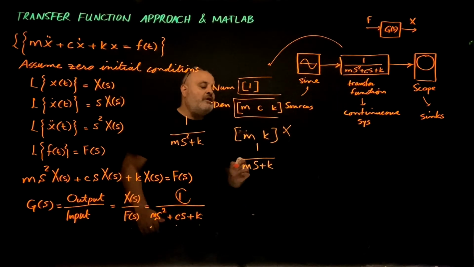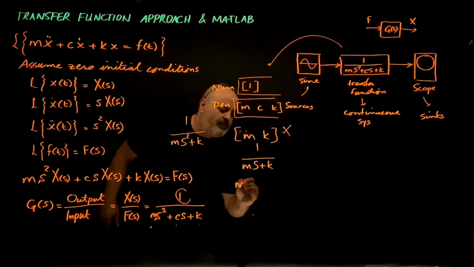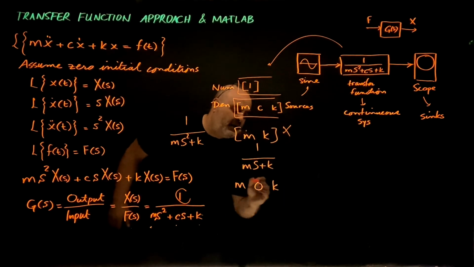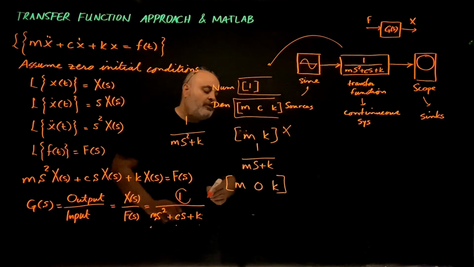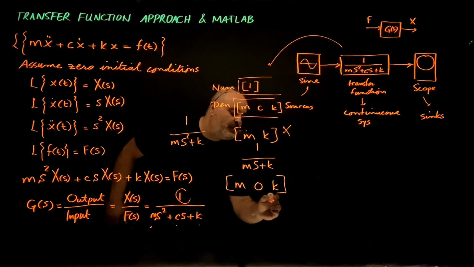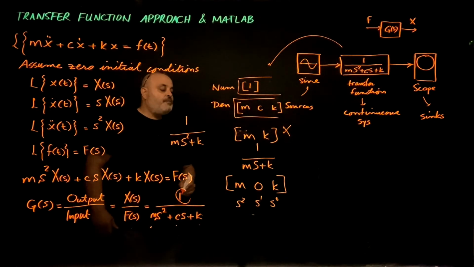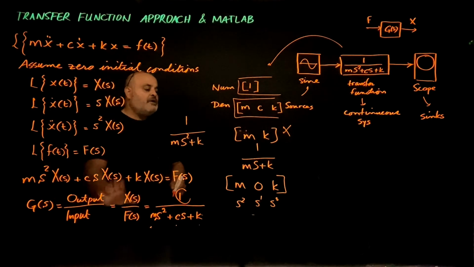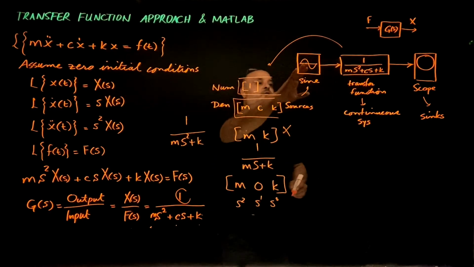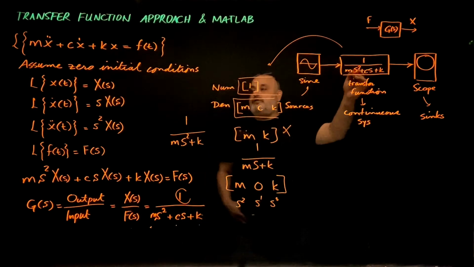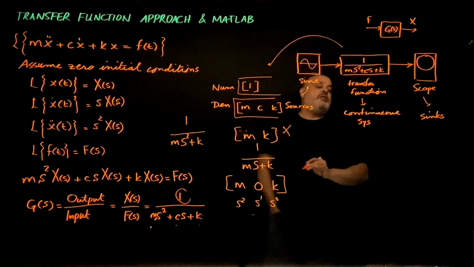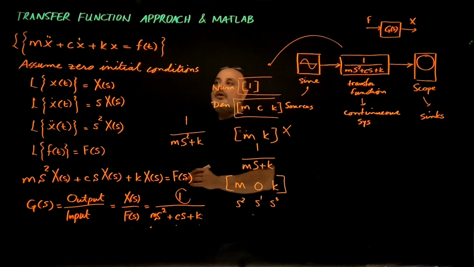What you should do is actually input m, 0, k. You have to have all the orders of s. This is s power 0, s power 1, s power 2. So you can have any kind of input to the transfer function, run the simulation, and you get the output on a scope.